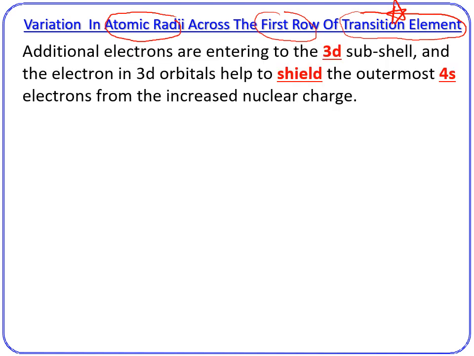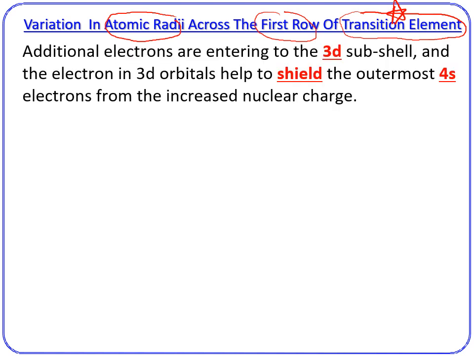After discussing the trend down the group of the periodic table, now we are going to discuss the atomic radius across the first row of transition elements. Generally, as we learned in the previous video, across the period the size is supposed to get smaller. But we notice a trend that is different from what we predicted, especially for the transition elements, so in this slide we focus on the transition elements only.